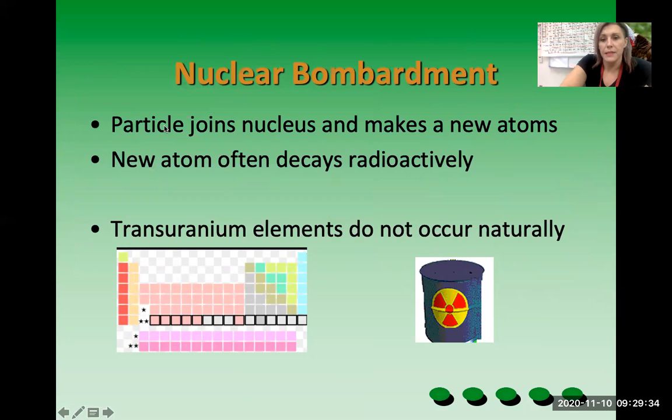New atoms often decay radioactively. So these transuranium elements, that's what that accelerator makes. They shoot stuff at uranium and they make new elements. So when they talk about man-made elements, and there's waste, they do not occur naturally, like most of the stuff on the bottom right here.